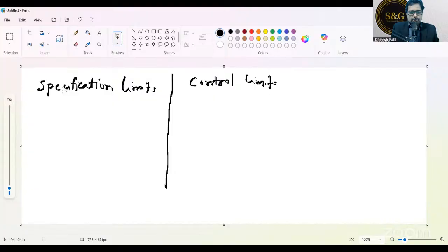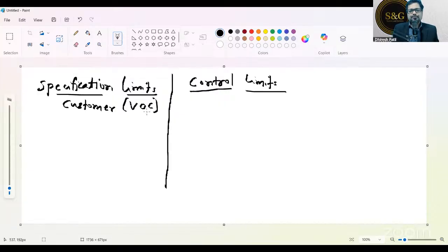Okay. First of all, specification limits are decided by whom? Who decides specification limits? Customer. Very good. Can I say it is voice of customer?